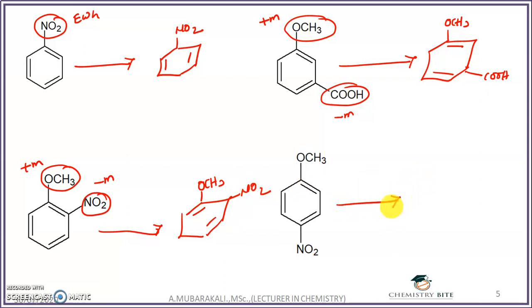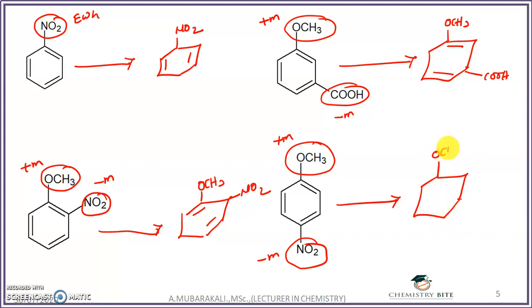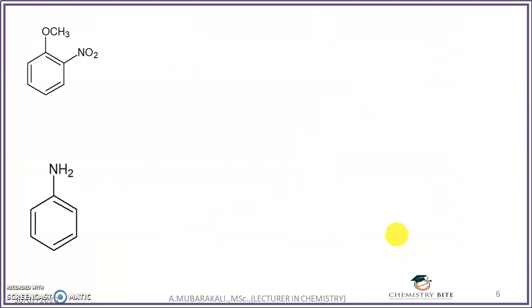In this example also you have an electron releasing group, a plus M group, and an electron withdrawing group, a minus M group, para to each other. The product is this. When you have the electron releasing group and electron withdrawing group para to each other, you have to write the product according to the electron withdrawing group.